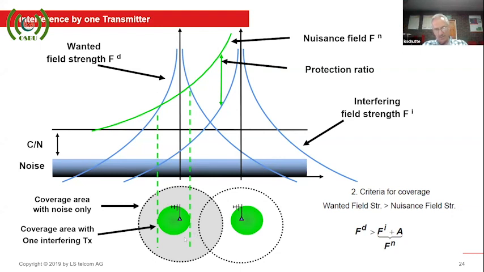So this is not a good scenario, and there are obviously various ways of getting rid of this, and probably in an MFN, the best scenario will be to change the frequency and use a frequency which is either adjacent channel with a smaller protection ratio, or even the second adjacent channel, which will not be affected.